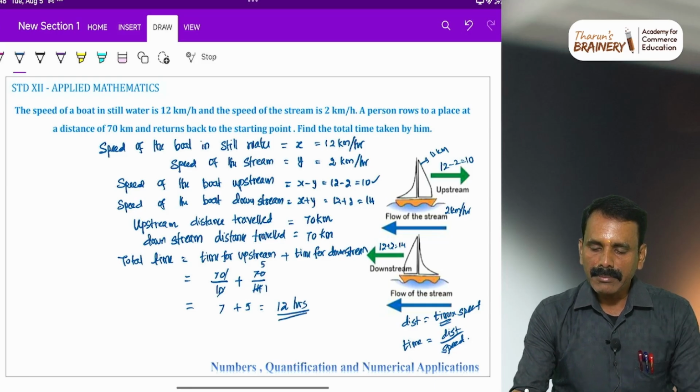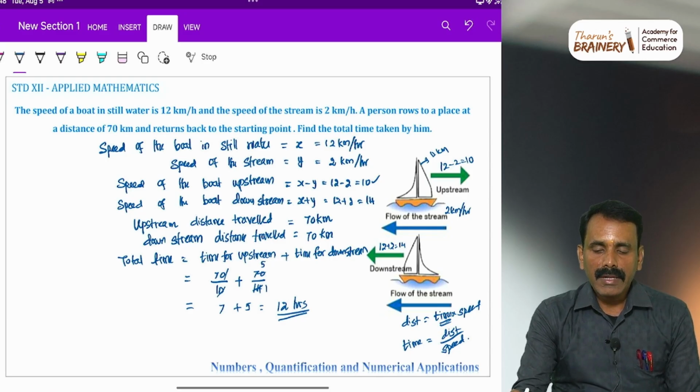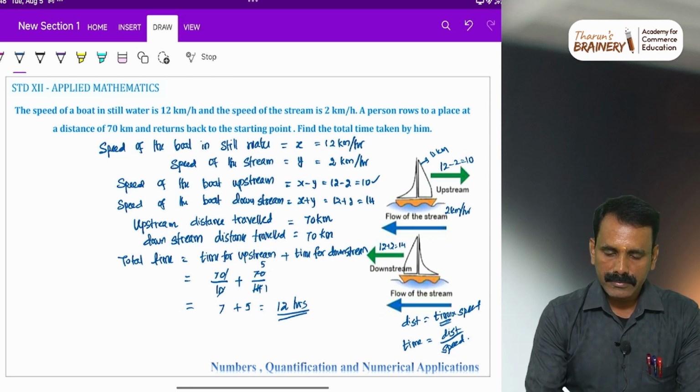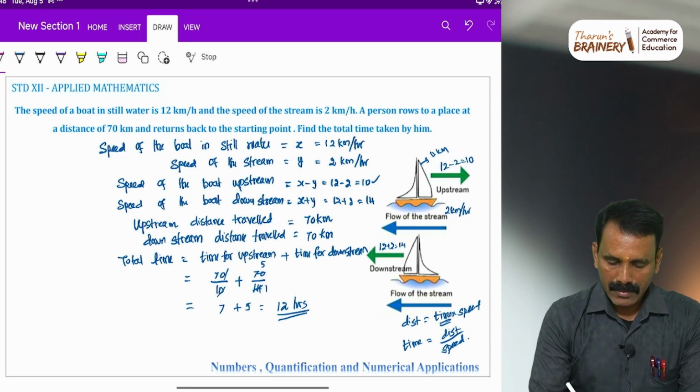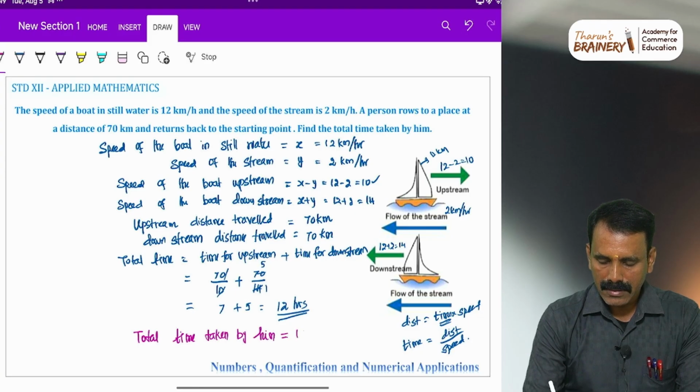So the total time taken by him for upstream travel as well as downstream travel is going to be 12 hours.